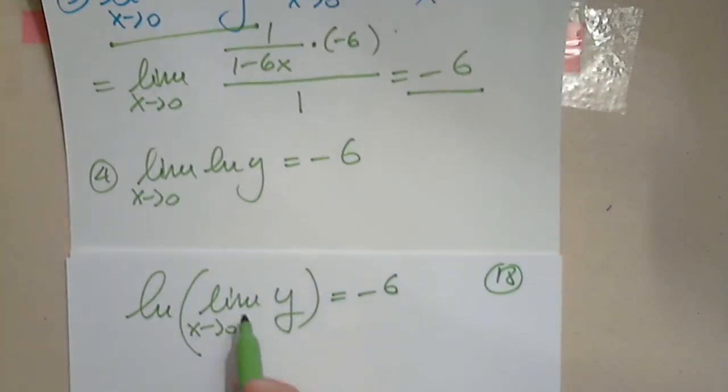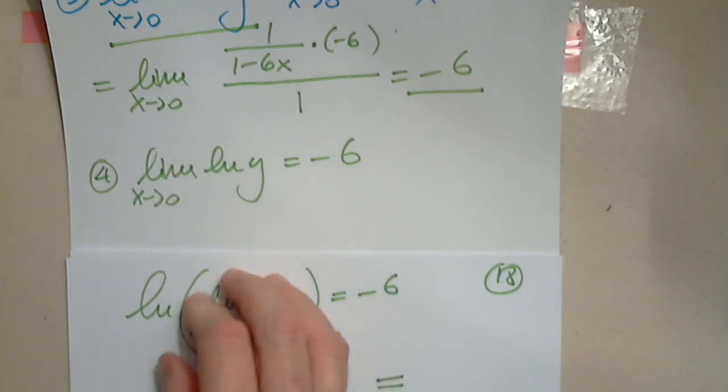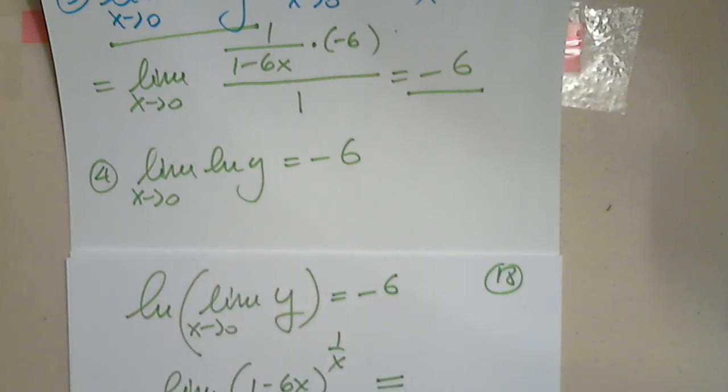And now I'm ready to write what this equals. I go back and replace y by 1 minus 6x to the 1 over x. And this will be the final answer. This raised to this is this. So what is the final answer?